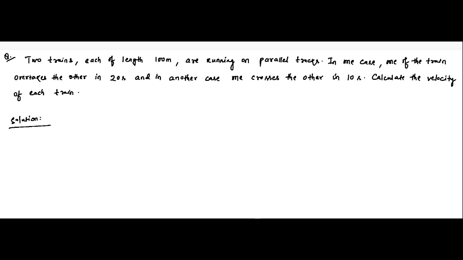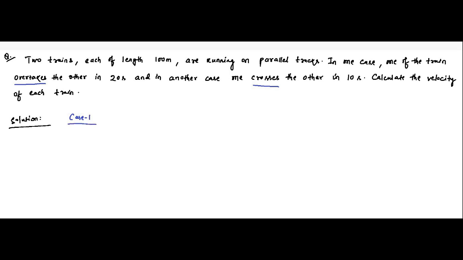So this question can be divided into two parts, and please pay attention to the words overtakes and crosses, because they will give us information about the direction of the movement of the trains. Let's consider first the overtake, case 1.